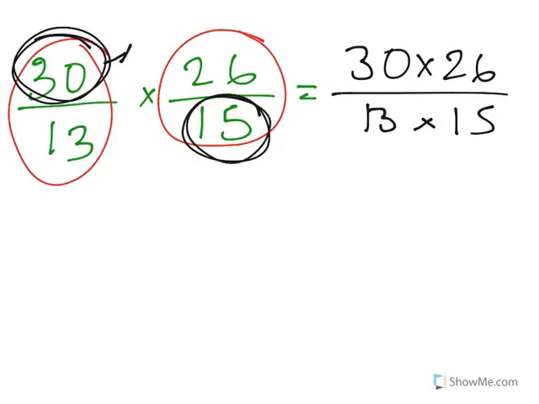So 30 is kind of our A before and 15 is our D. And also look at the common factors of C and B.